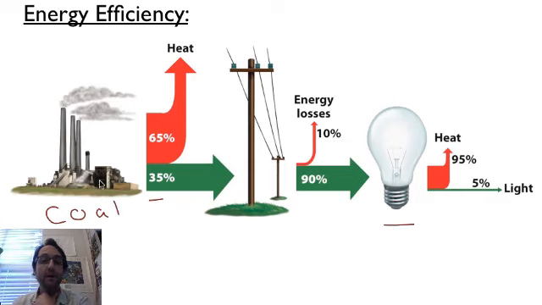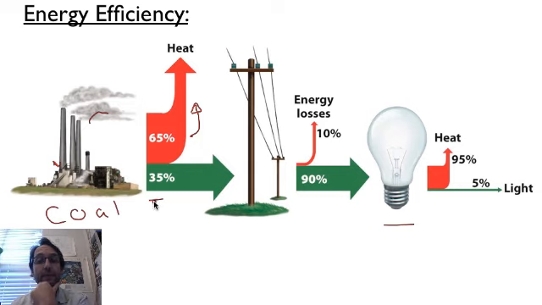So that means that of the energy locked up in that coal rock, 35% of it actually goes to producing electricity. And the rest of it, 65%, is transformed into a less usable form, heat. So heat traveling out of the smokestack, heat in the factory itself, all of these are places in which heat is dissipated.